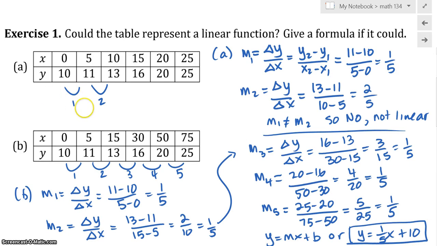You can see the first one is not linear because M1 is not even equal to M2. The second one is yes. I realize there's not a pattern. They look different, but if you try each one, so I did, they all are the same. And here's the formula.